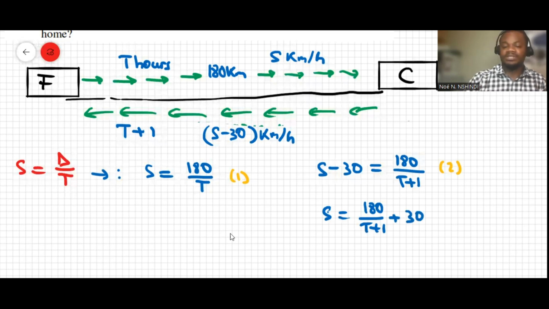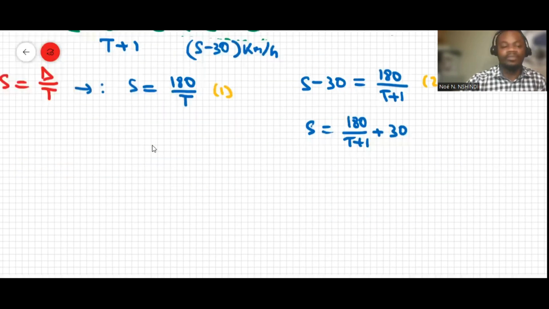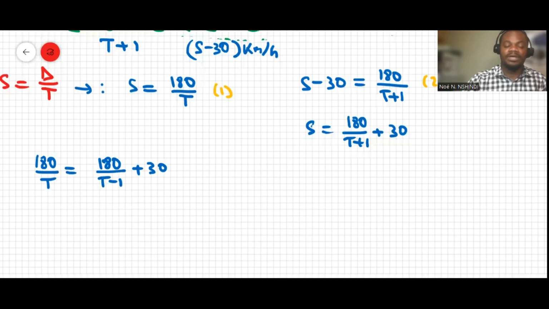Now that you express the two in terms of s, we make s the subject of the formula, we can equate the two because they're both s's. So this means we can do 180 over t equal to 180 over t plus 1 plus 30, okay? Understand that there is an invisible denominator here of 1.